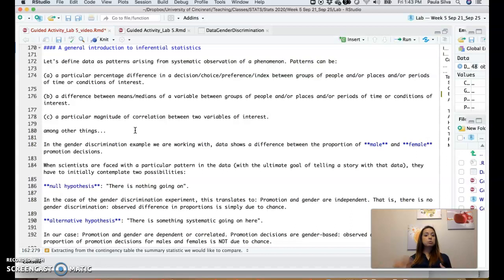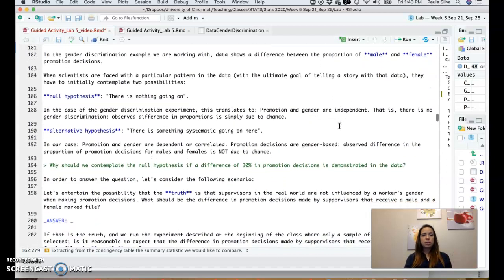B, it can be a difference between means and medians of a variable between groups of people, places, periods of time, or conditions of interest. And C, a particular magnitude of correlation between two variables of interest. All of those things are patterns, right? Percentage difference, differences in means and medians, and also particular magnitude of correlation.